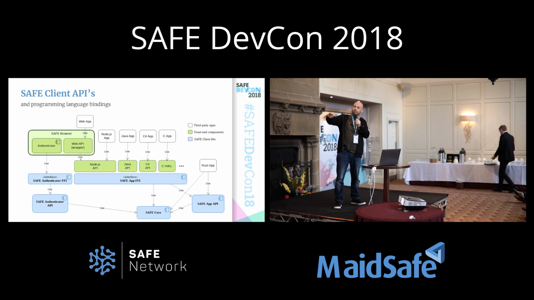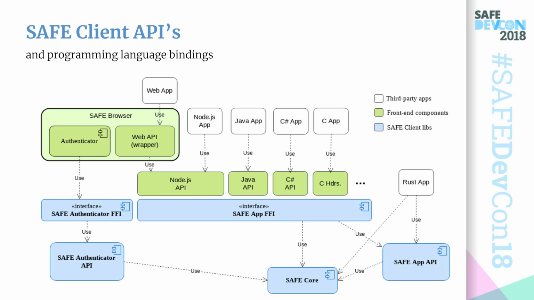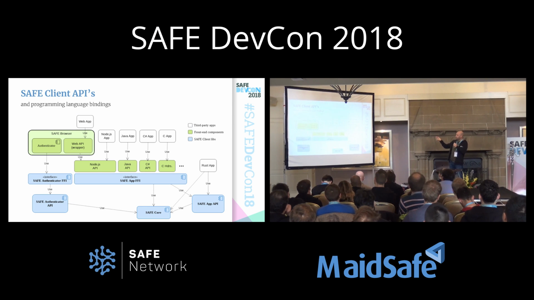Then we have the browser, which contains, on one side, the Authenticator piece, which connects directly to the Authenticator library through the FFI. This is, as you know, to provide all the account management and these types of things you see in the UI. And then we have the Web API that is just a wrapper of the Node.js API.